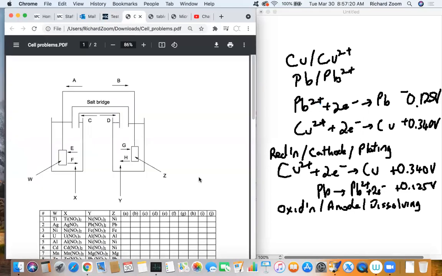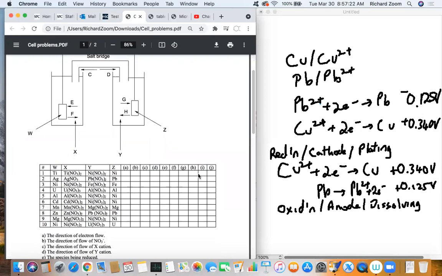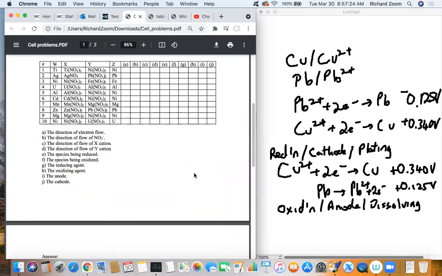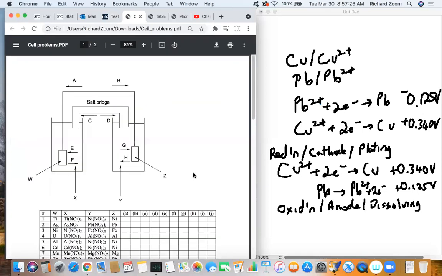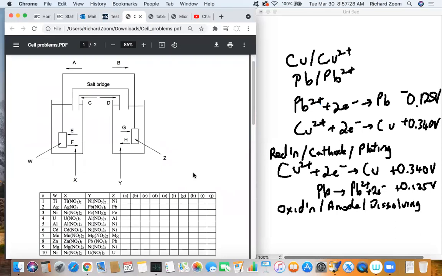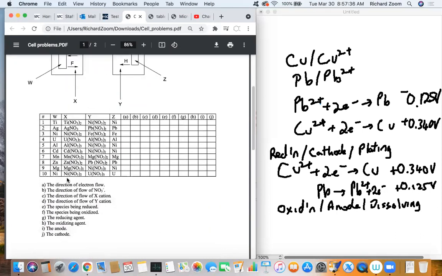And it's this one here. It's in the galvanic cells folder. And you'll be required here to look at the diagram. You're given W, X, Y, and Z down here. And then you are asked to figure out each of these things that we were just figuring out before.